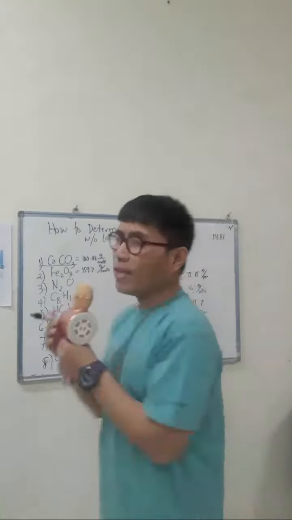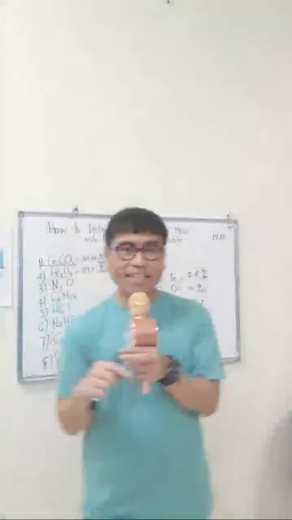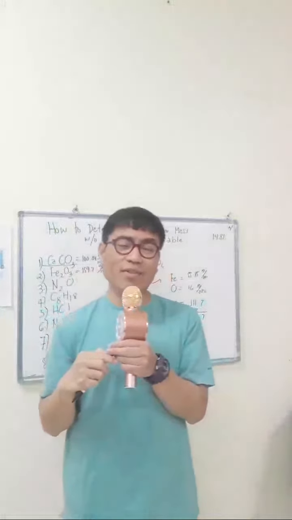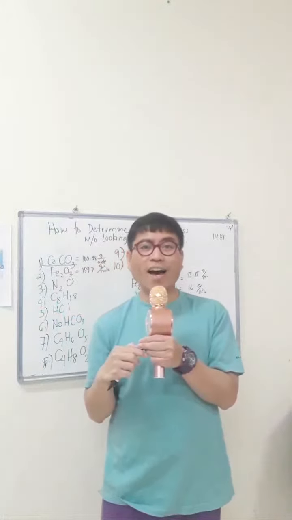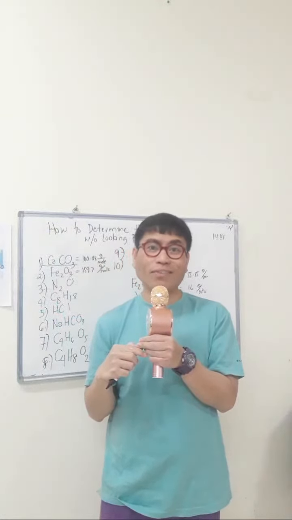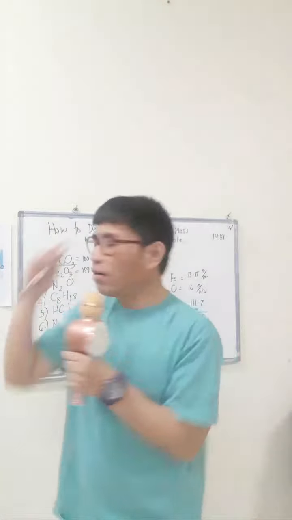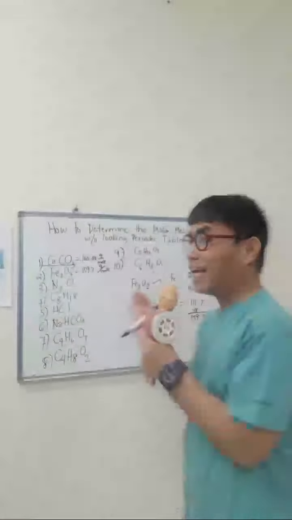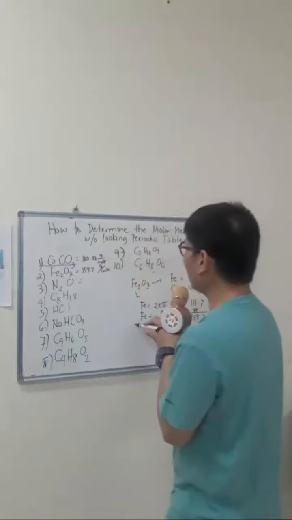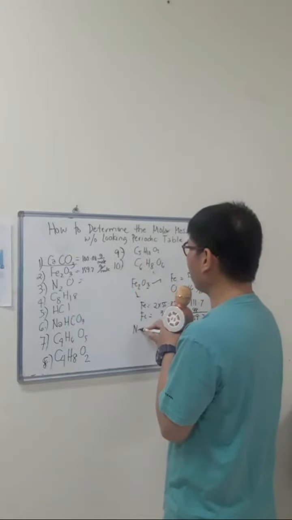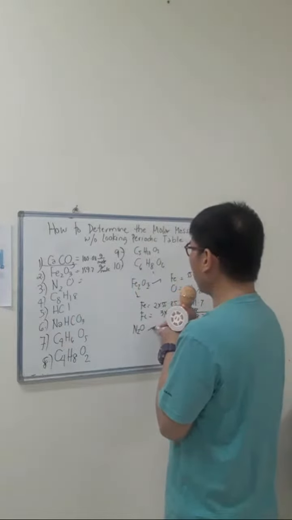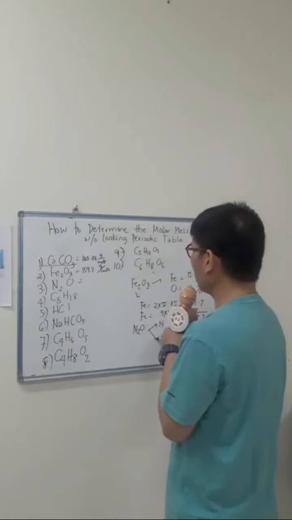By the way, class, we also have magnetite. Magnetite is Fe3O4, meaning iron 3 oxide or ferric oxide. Now we have the laughing gas, N2O. First, we have to break down the individual elements in this compound: nitrogen and oxygen.